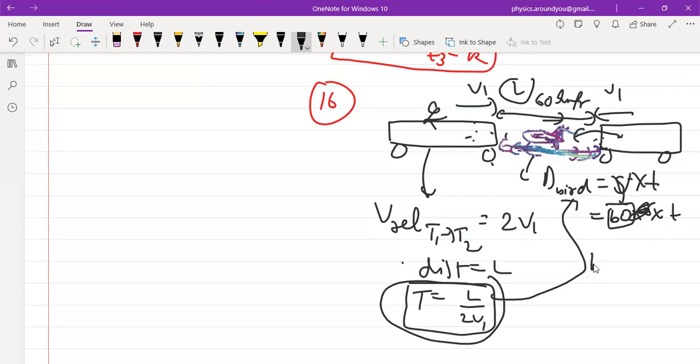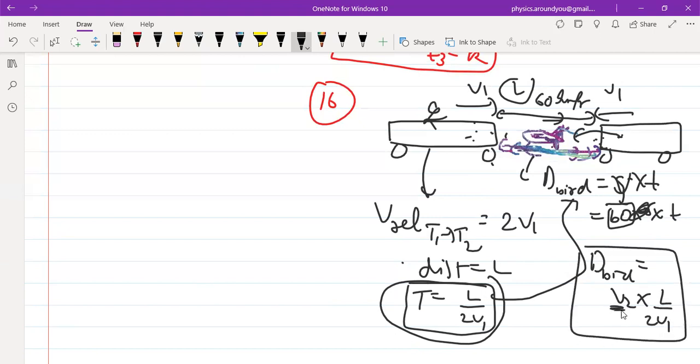The distance traveled by the bird is the speed of the bird, v2, into time taken, which is L by 2v1. Substitute speed of the bird, speed of the train, and the distance between the trains, in kilometers per hour and kilometers, and we will have the answer. But the key is relative velocity.